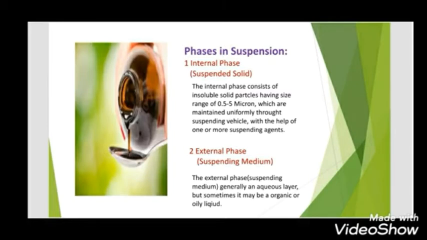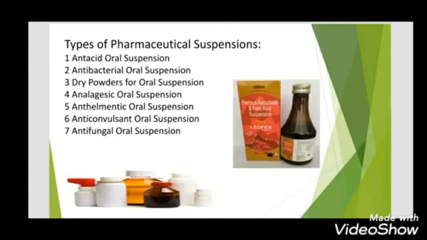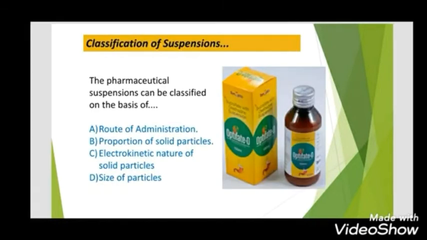In flocculated suspension the rate of sedimentation is high, and in deflocculated suspension the rate of sedimentation is lower. In flocculated suspension the sediment forms rapidly, and in deflocculated suspension the sediment is formed very slowly.